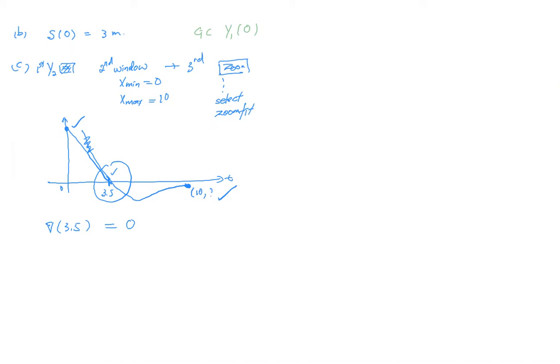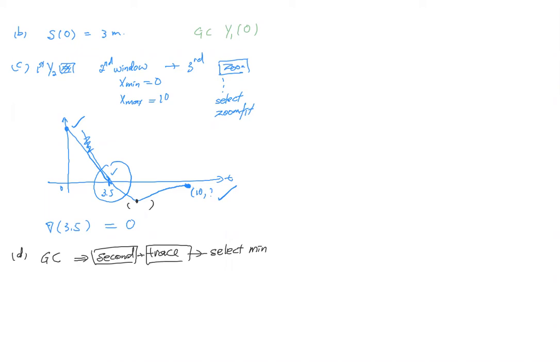Then they say, after how many seconds was the minimum velocity reached? So this is the minimum velocity. How to get this answer? Using GC, second trace. You do second trace, then after that select minimum.